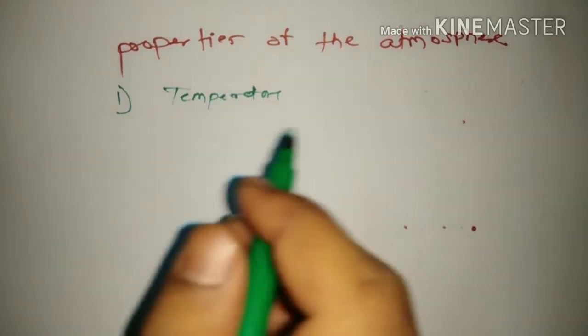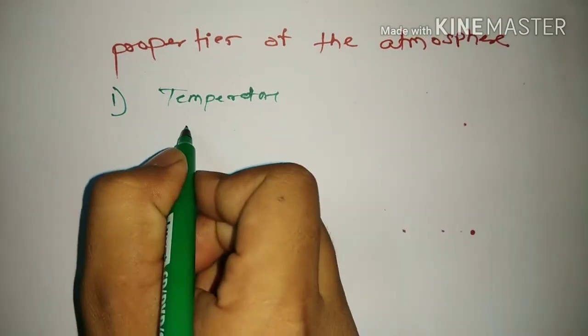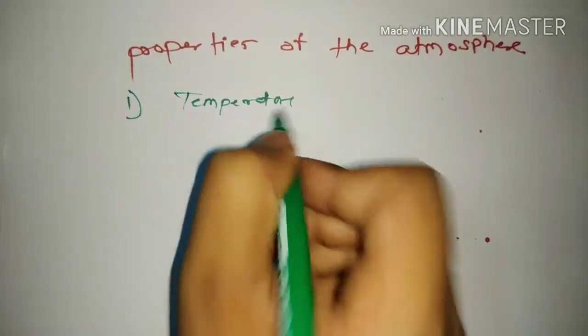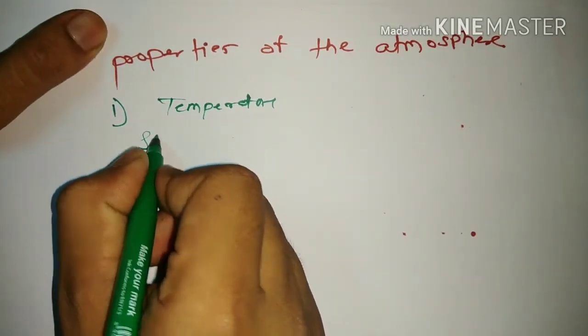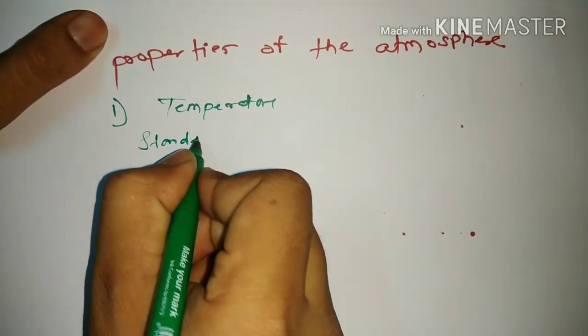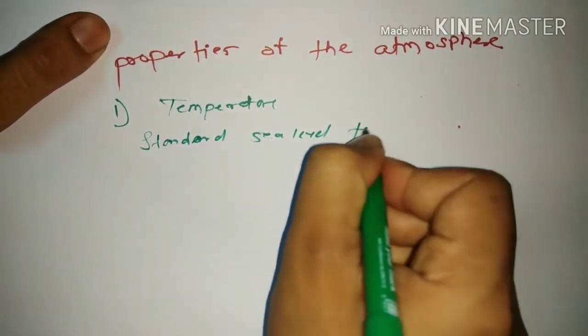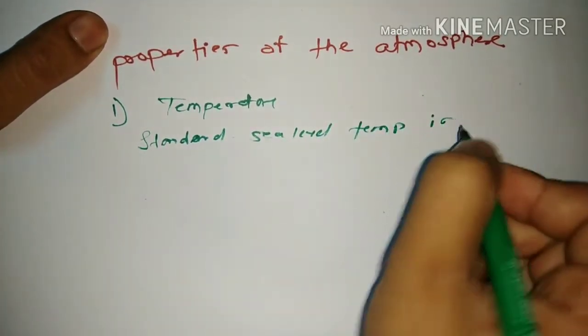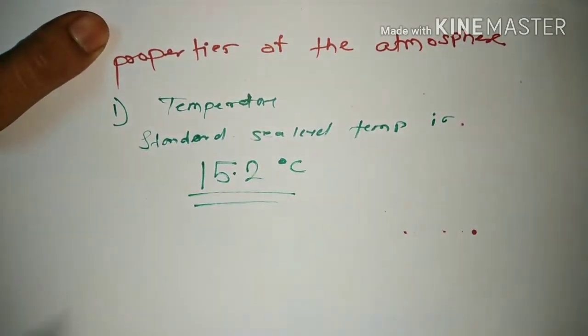So the first important property is temperature. What is temperature? Temperature is nothing but the kinetic energy of the molecules. The standard sea level temperature is 15.2 degrees Celsius, remember.